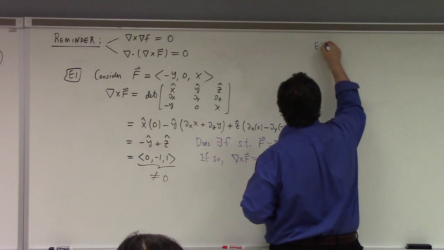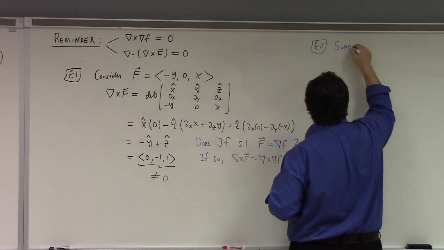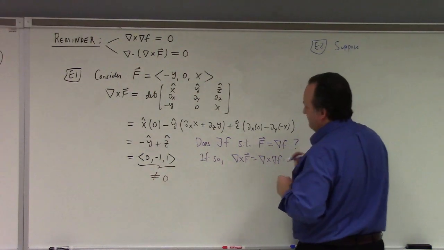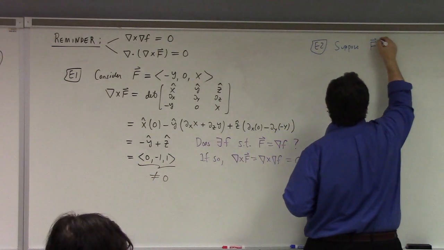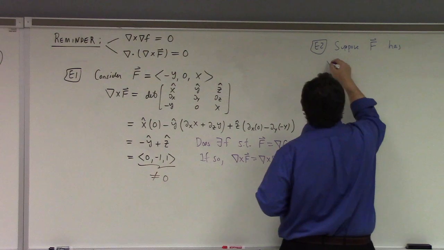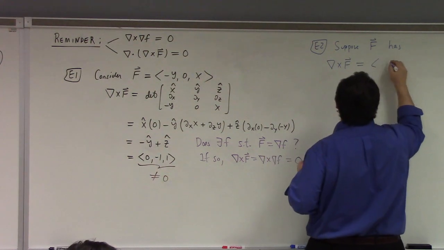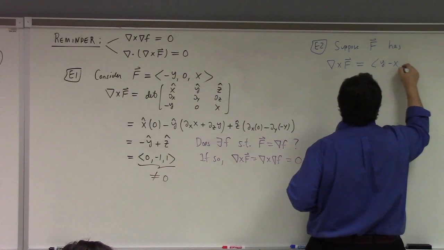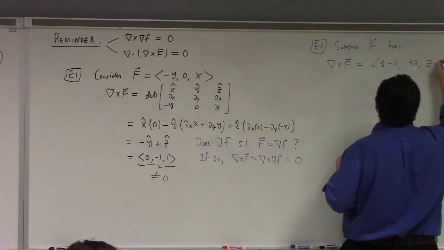Example 2. Suppose F has the curl of F equal to, I don't know, y minus x, 3z, and z.